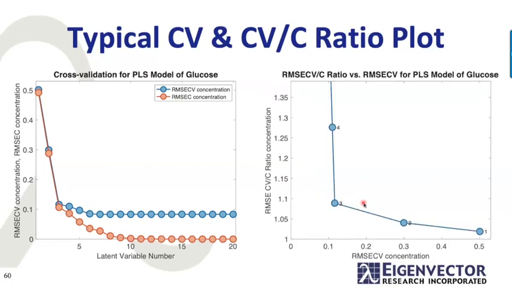If you look at the ratio from the PLS model, it looks like this. It goes out to 3, and then the overfitting really starts with number 4. And you see that's right here. This deviation gets bigger and bigger, and it gets really big by the time you get out to 10.